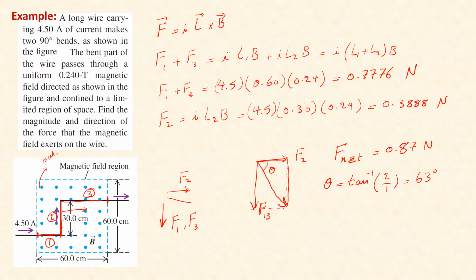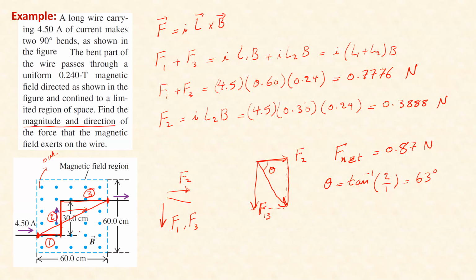So magnitude and direction. Find the magnitude and direction of the force that the magnetic field exerts on the wire. If you look, you see that this is exactly the force that would be applied to a wire like this, right? If the wire was connecting this point to this point directly, it would have the same force acting on it.